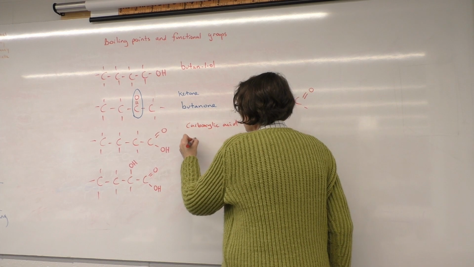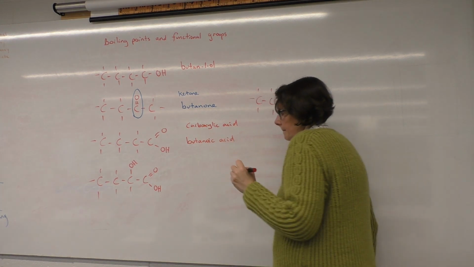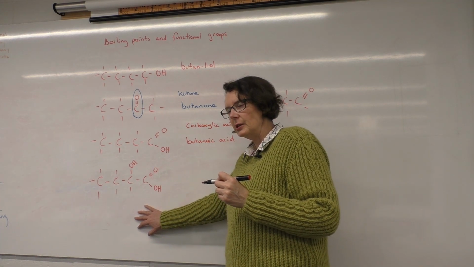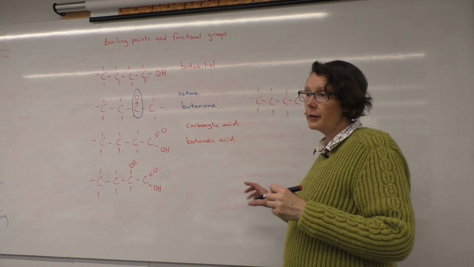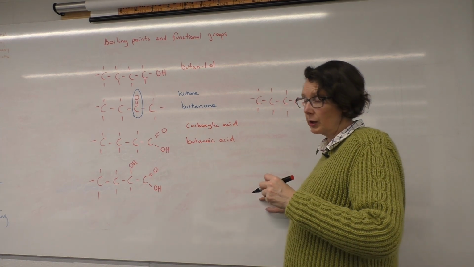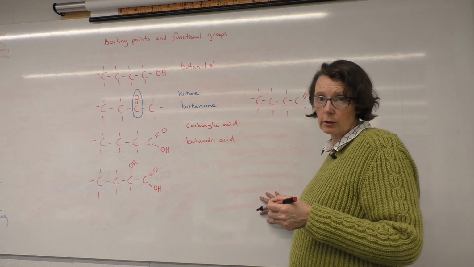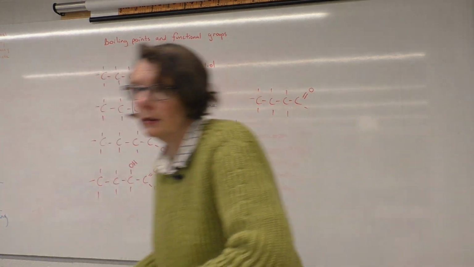Butanoic acid. Now, I'm not going to ask you to name this one, but I want you to identify the functional groups. So how many functional groups have we got on this? 2. Yep. What are they?